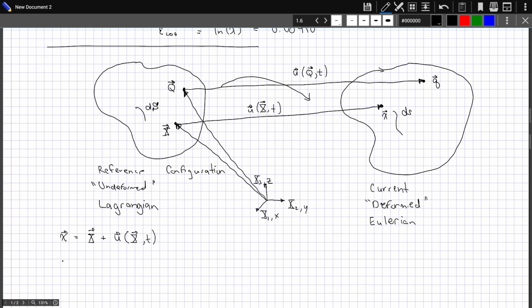I can likewise write little q in terms of big Q and U of Q and t.